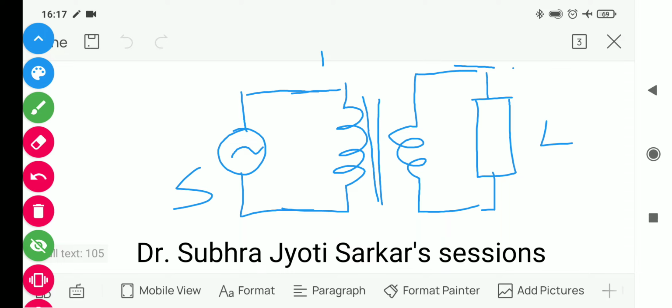This is the winding having N1 turns, this is the winding having N2 turns. The winding where the source is connected is called the primary winding or primary side of a transformer, and the other coil is called the secondary side. The secondary side is where the load is connected, and the primary side is where the source is connected.